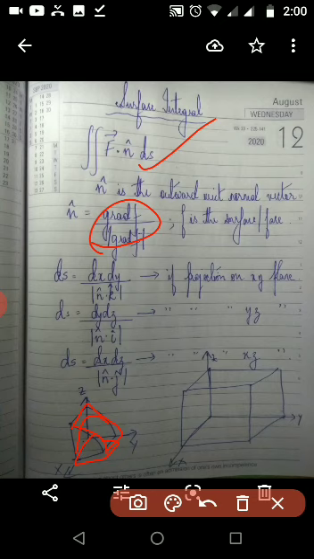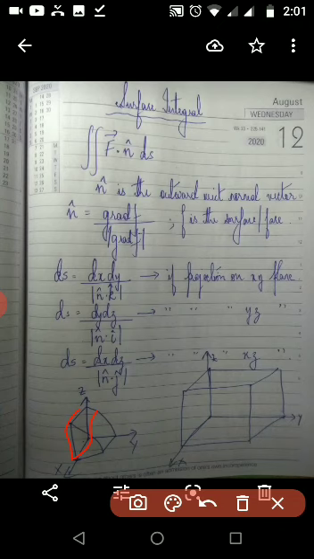If I project this curved surface onto the xz plane, then dS is equal to dx dz divided by n hat dot j hat. Why j hat? Because j hat is the normal vector pointing normal to the xz plane.